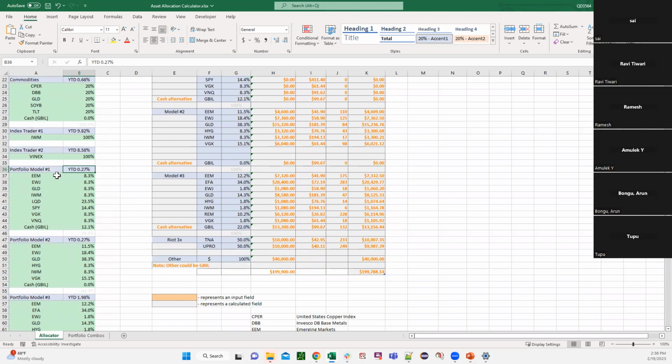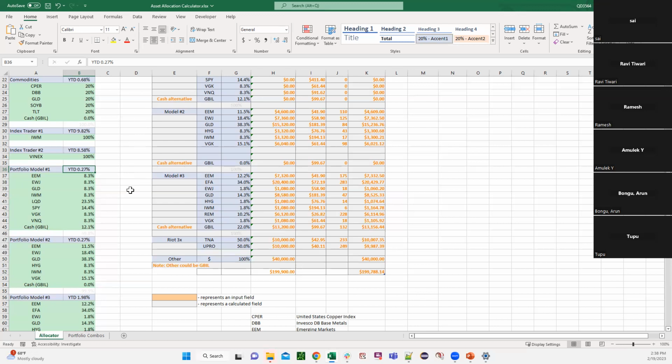What we do with cash is you can either leave it in cash, or you could buy something like G-bill that returns a dividend every month. It really is just a treasury ETF that pays dividends. I think G-bill is paying about 4% a year right now.